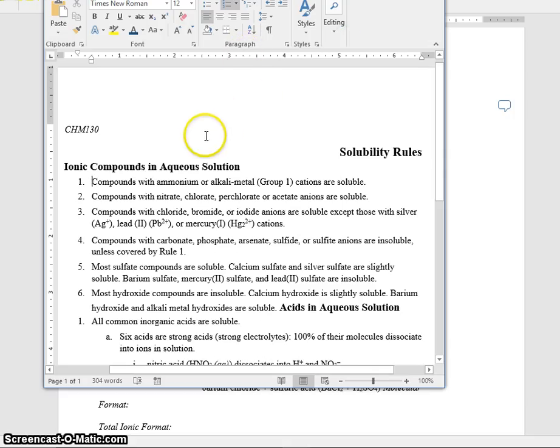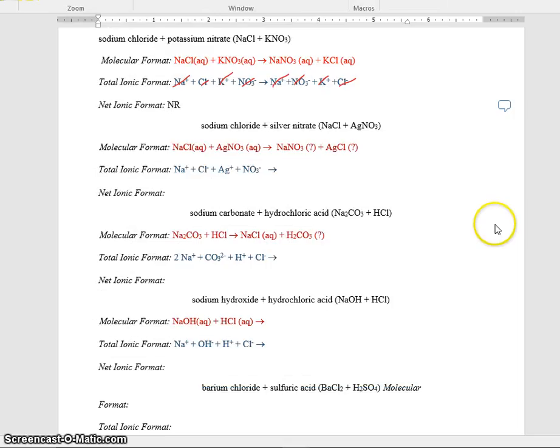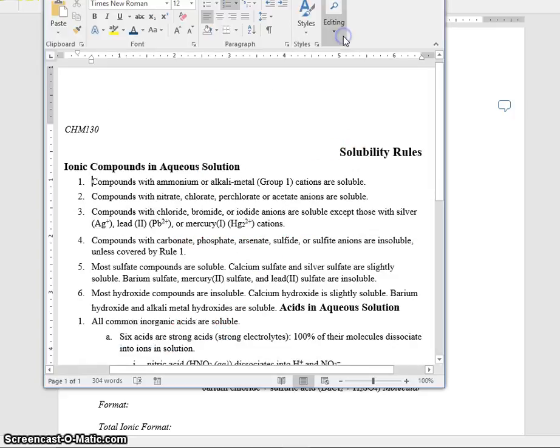All right, so for sodium nitrate, we know it's going to be soluble because it fits rule number 1. Compounds with ammonium or alkali metal group 1 cations are soluble. So we can say that this is AQ. All right, so now we have to just figure out our silver chloride. Okay, so silver is not a group 1 metal.